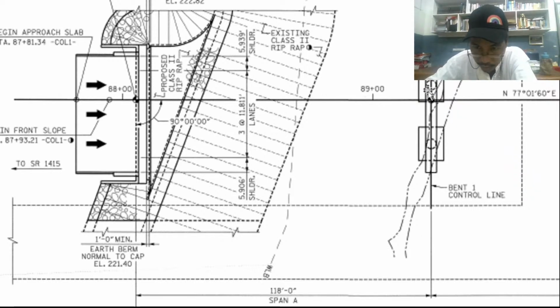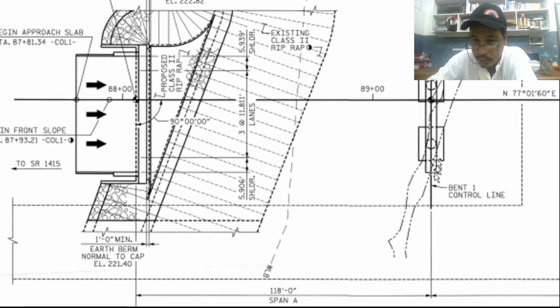So according to the direction, drawing a straight line with this direction 77 degrees 2 minutes, connecting those points, we can have a straight line drawing. And now we can place the column. We can place the important structure with those reference points. Okay? So that is the importance of that reference point.